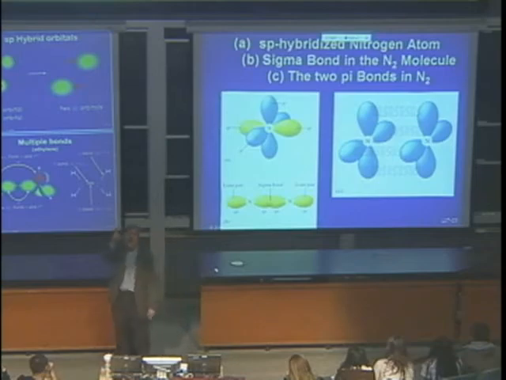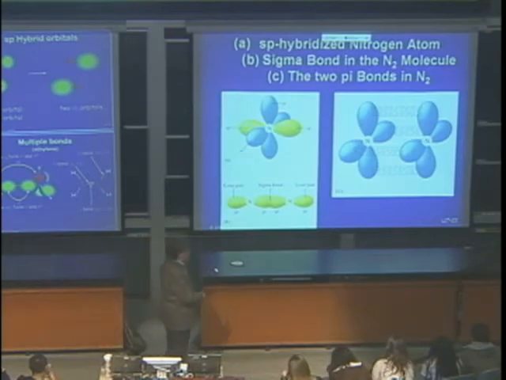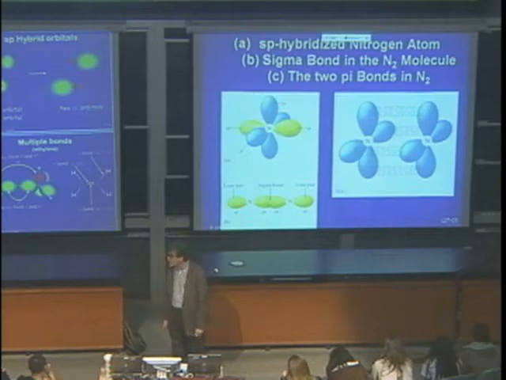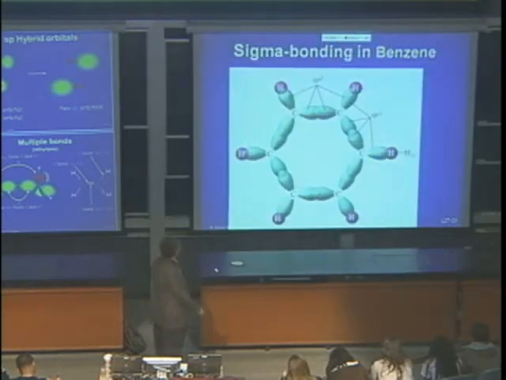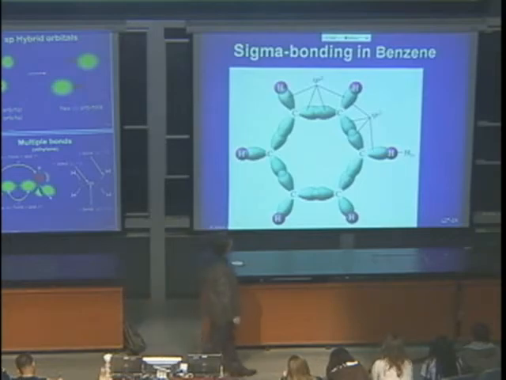How many pi bonds do you get? Bonding pi bonds, 2. So you have 1 sigma and 2 pi bonds. With this you have a triple bond. Okay? 1 sigma and 2 pi bonds. Triple bond.